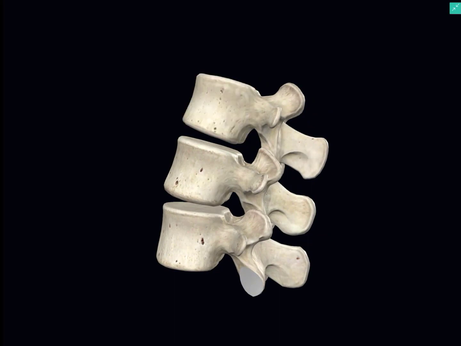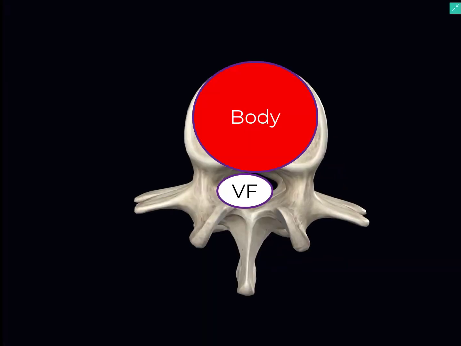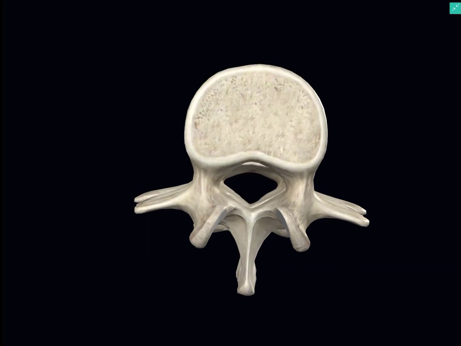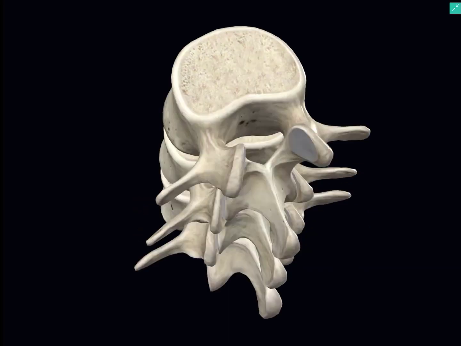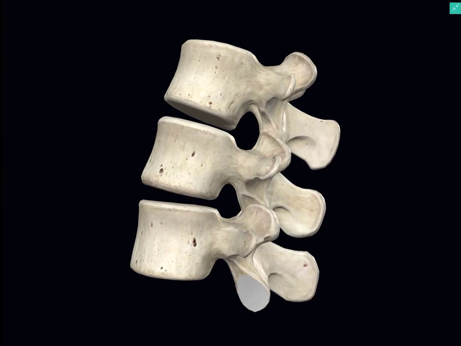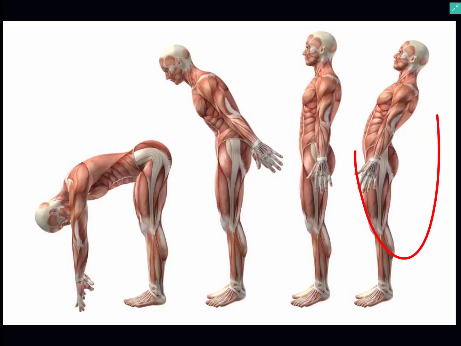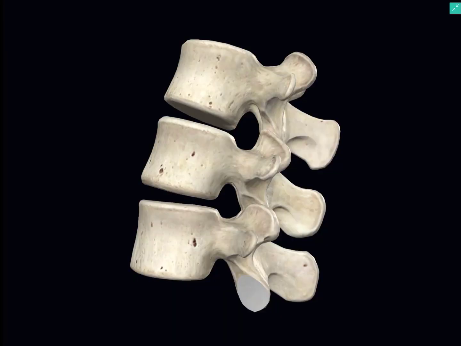Also, it is observable that the ratio between the vertebral body and the vertebral foramen is quite large because at this point, the spinal cord's radius is quite small. On the lateral view, we can see that the spinous processes are quite tall because they need to prevent us from hyperextension.